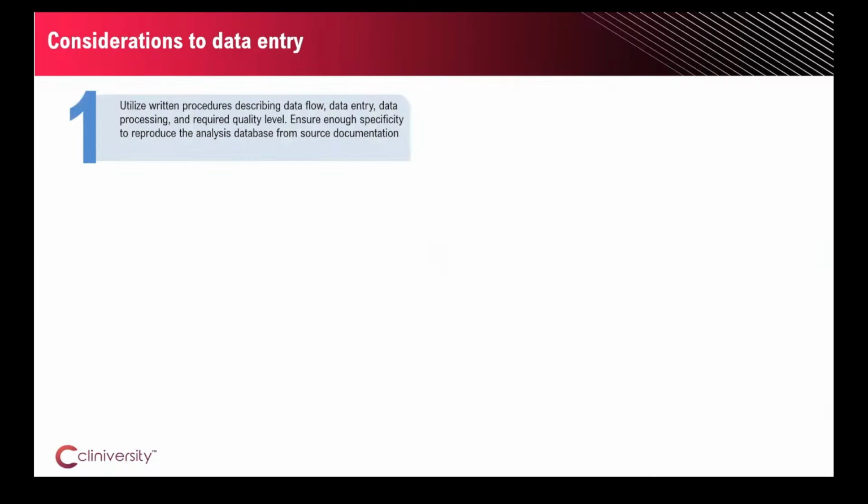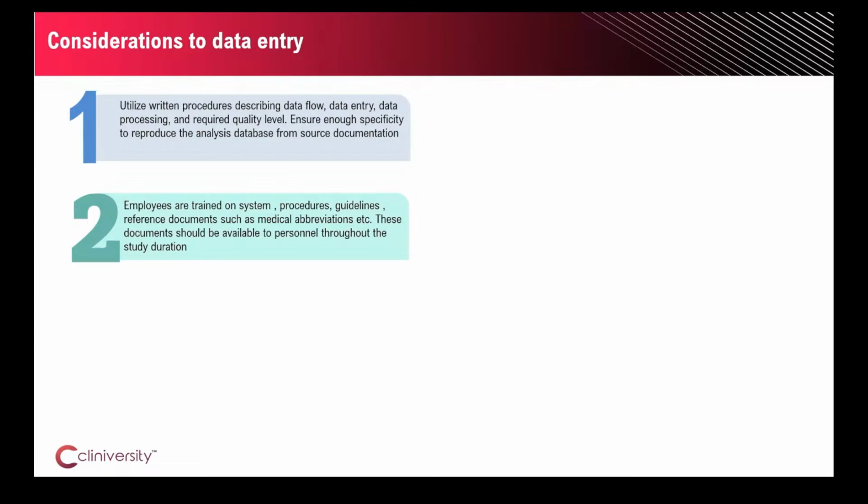What are some of the considerations for data entry? There should be written procedures describing data flow, data entry, data processing, and quality levels to be maintained. The process and procedures should provide certainty that the data from the source document is captured for appropriate analysis.